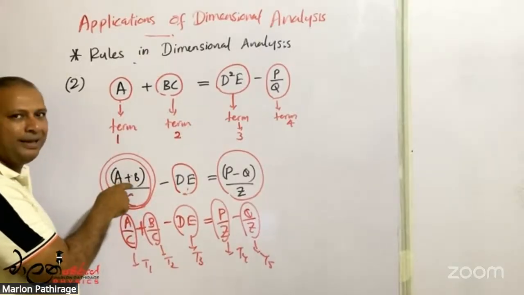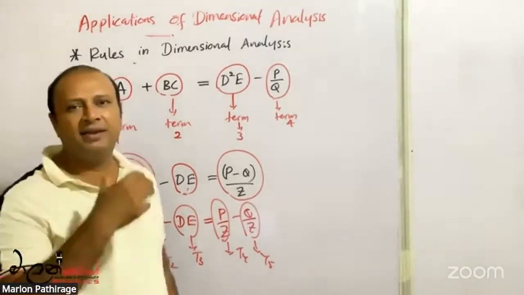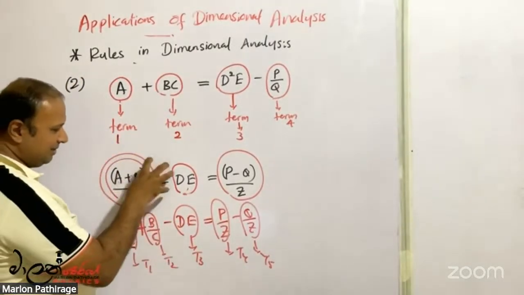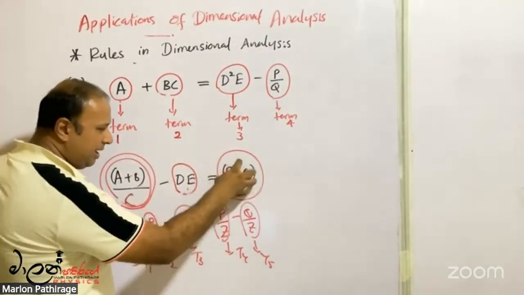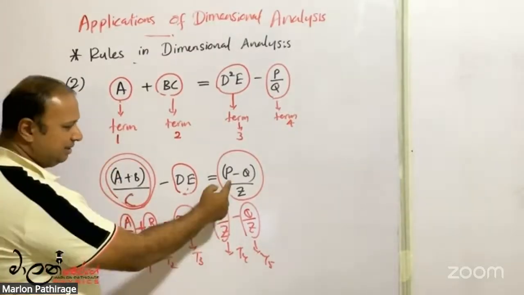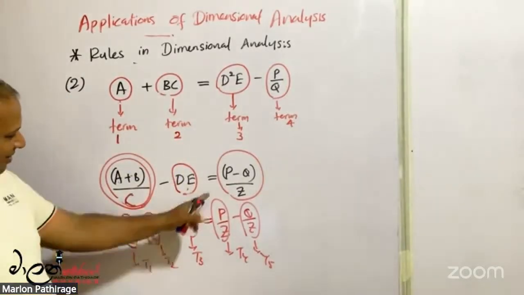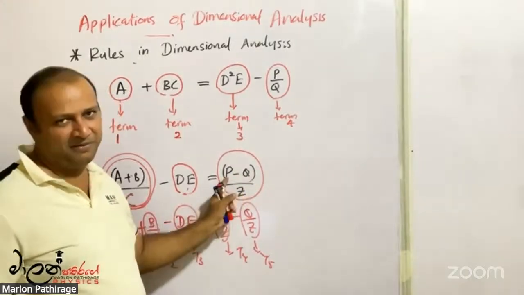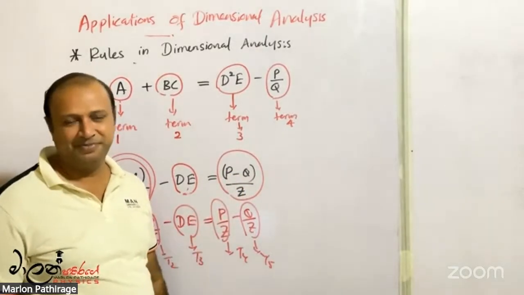Therefore, in numerator, there's a velocity. We can think like this. Therefore, we can consider this one as a single term, this one as a single term, and this one as a single term. Important thing is, there is a term inside this term. Two terms within the term.